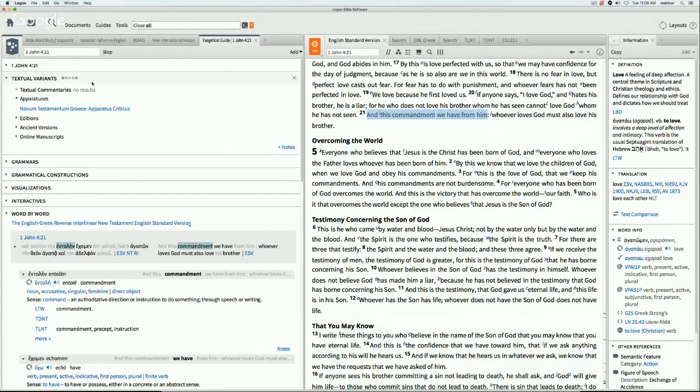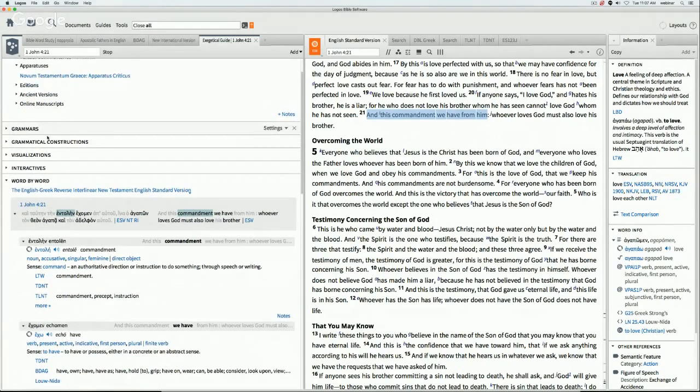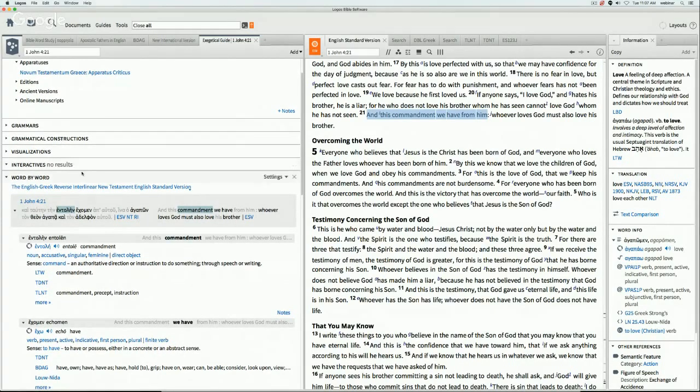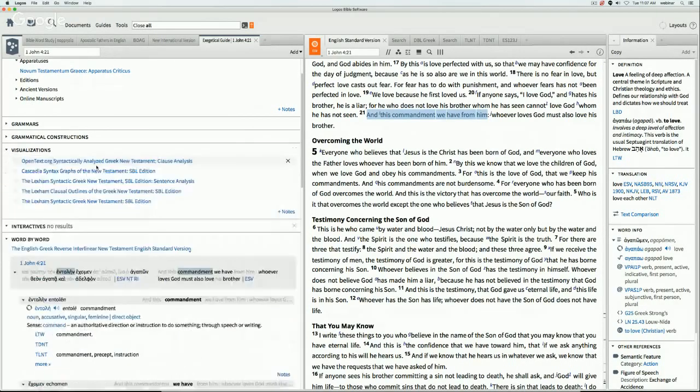And this will give you an idea of what are the different variations that are possible from the actual documents that we've recovered. We have grammars and grammatical constructions. Grammatical constructions, if you don't have that, is also a Logos Now feature. We have visualizations and interactives.